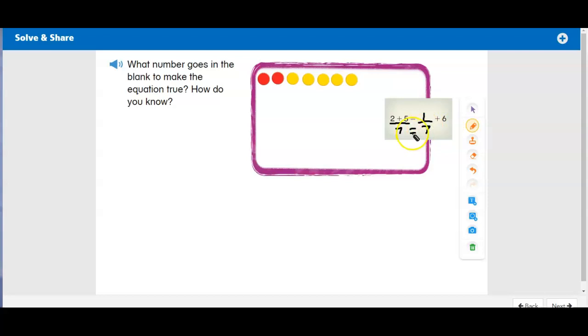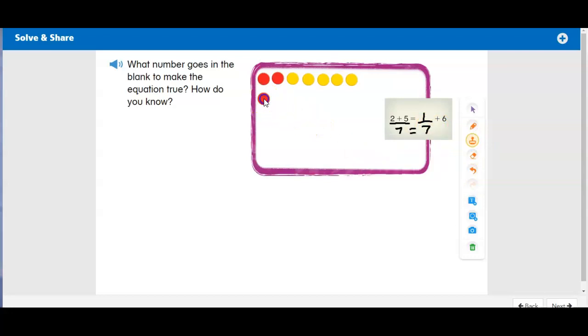If your equation is true, both numbers on either side of the equal sign will equal the same. So 7 equals 7 is a true equation. And how do we know? Well, we showed our work here, but we could also show our work with counters.